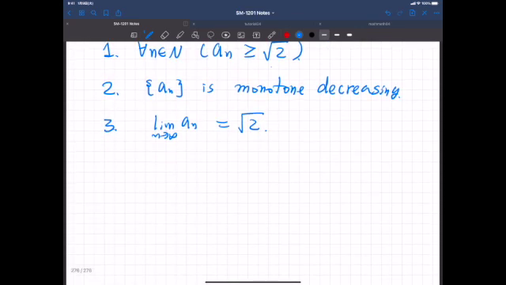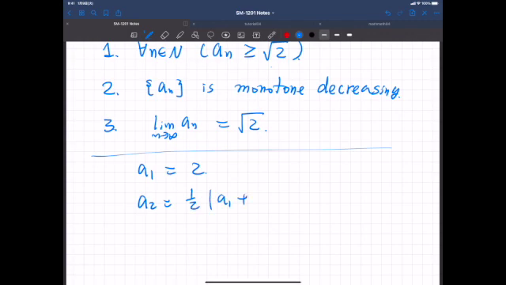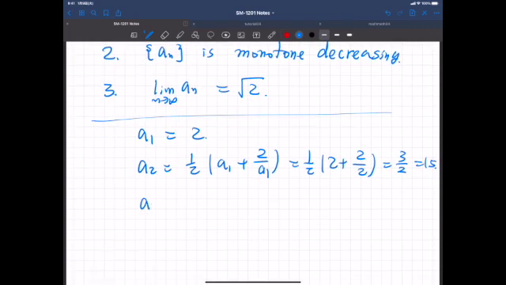And here are the calculated values. a1 is 2 by definition, and a2 is 1/2 of a1 plus 2 over a1. So that is 2 plus 2 over 2, which is 3/2, which is 1.5. If you continue this calculation, you should have a3 is 1.41666, and 6 goes on forever.